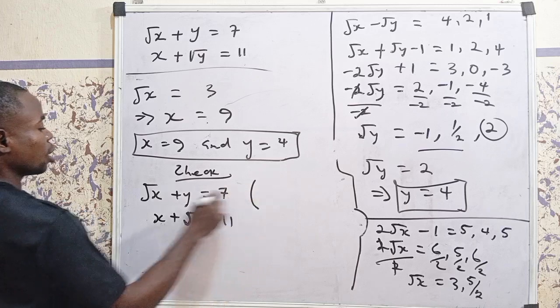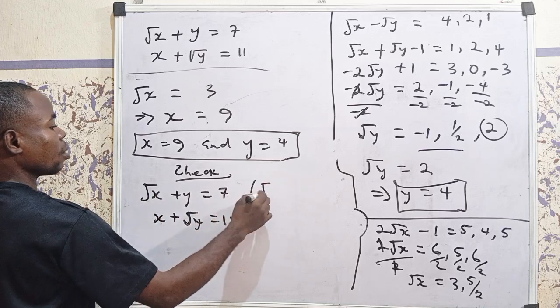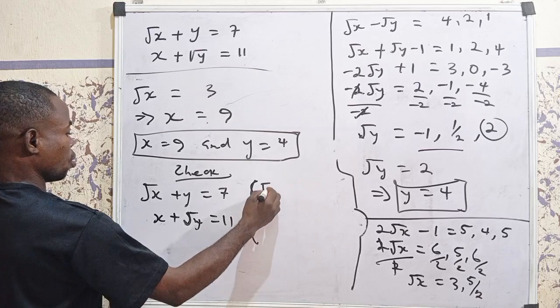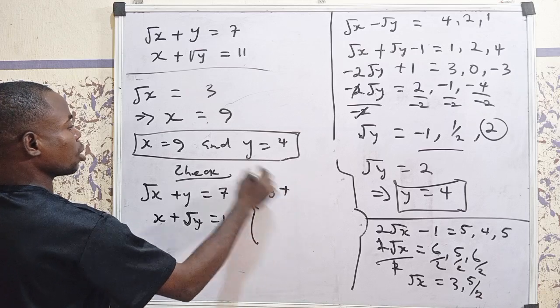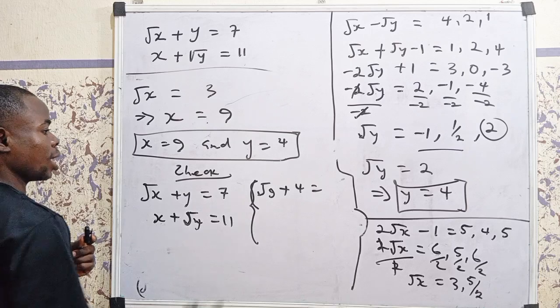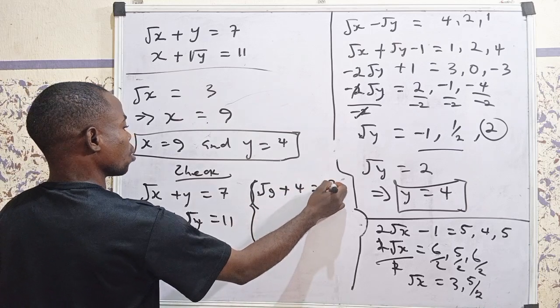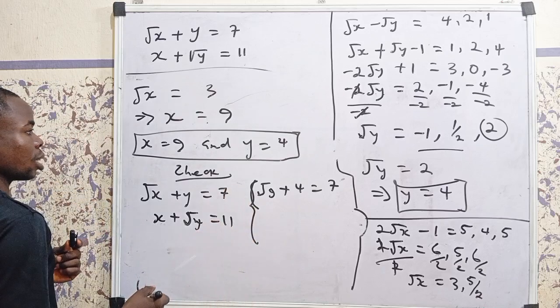So on this side, let's put x equal to 9 here. I have root 9 plus 4, and obviously you see that this is 3 plus 4, that's equal to 7, so this satisfies.